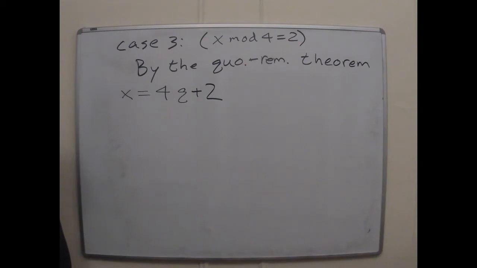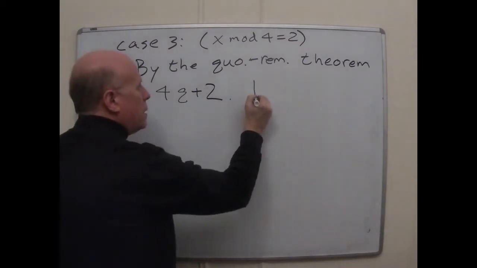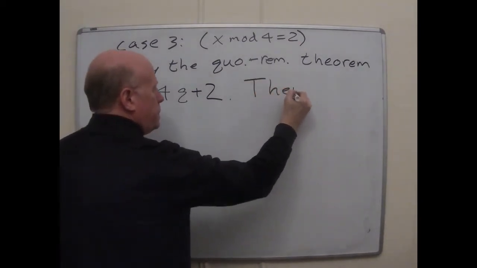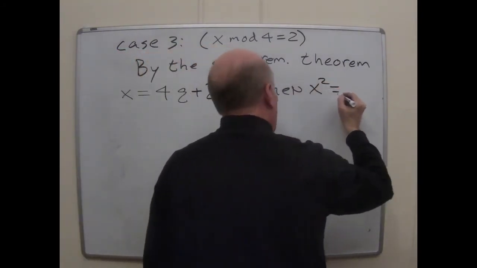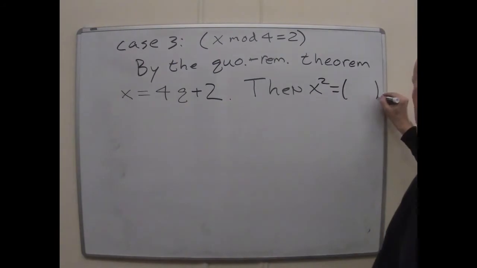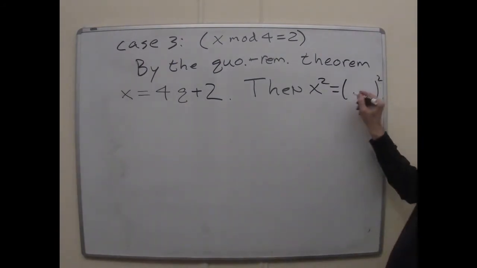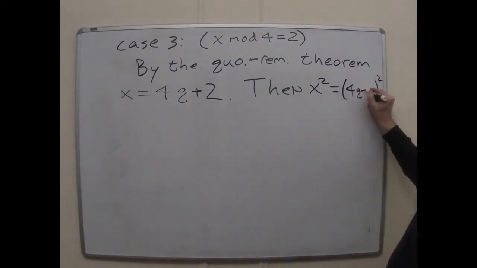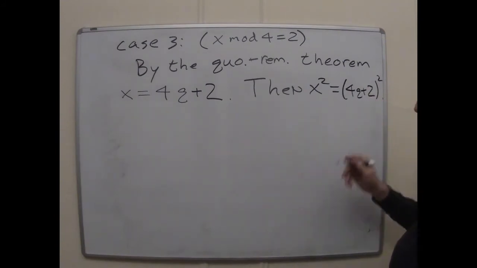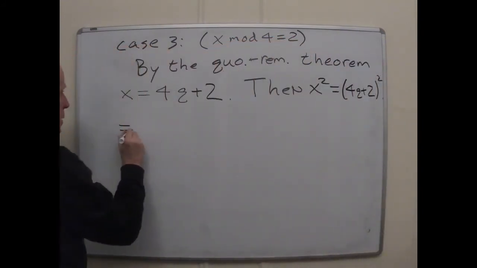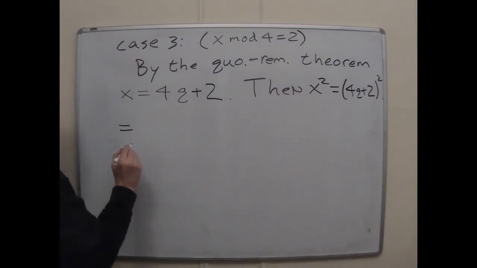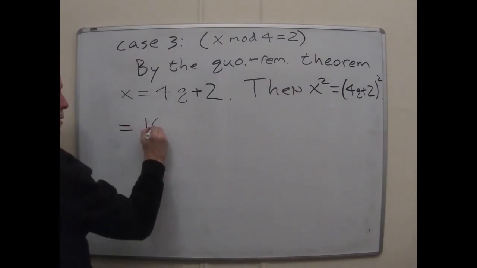All right. Let's work out what x squared is then. First of all, it's got to be the square of the thing I just wrote down. It's 4q plus 2 squared. This gets a little tougher because the numbers involved in FOIL are larger. But what does it come out to be? 4q times 4q is still 16q squared.